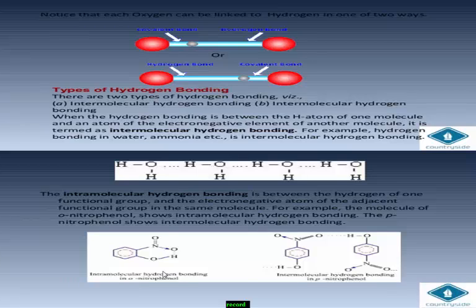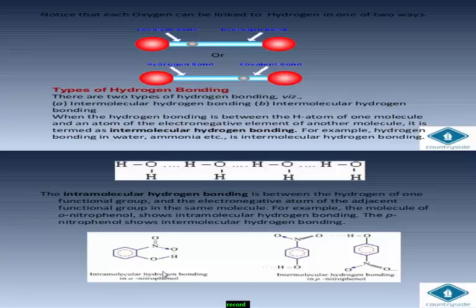Along with this, I left another concept, that is Fajans' rule, and another one, the formal charge concept, right? First I take formal charge. What is formal charge? It is the electronic charge present on each atom.